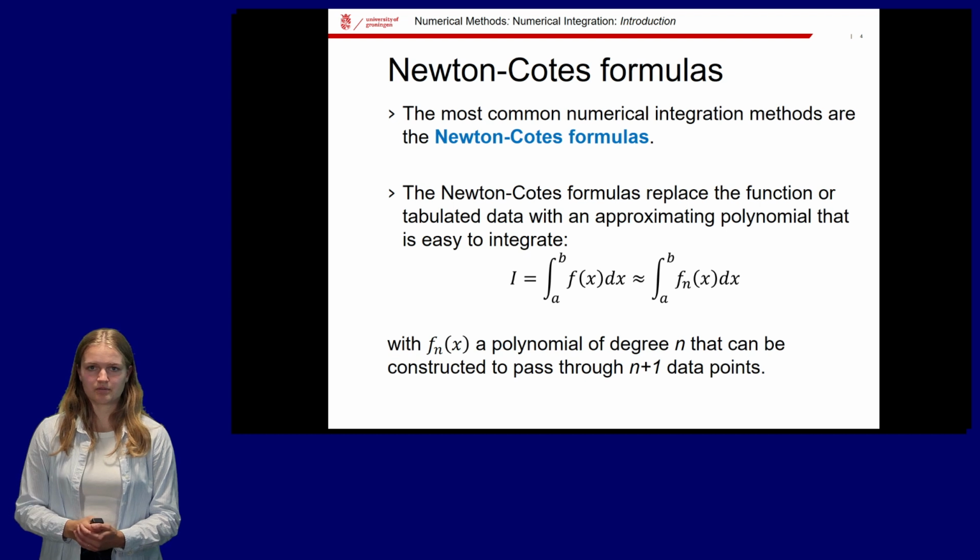So that's presented in this equation, where you approximate this function f of x that you want to integrate with an nth order polynomial fn of x. And recall from the interpolation videos that you can fit a polynomial of degree n through n plus 1 data points.